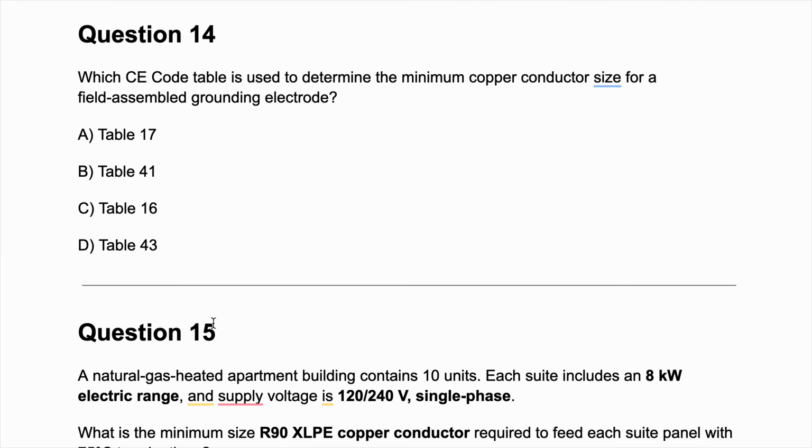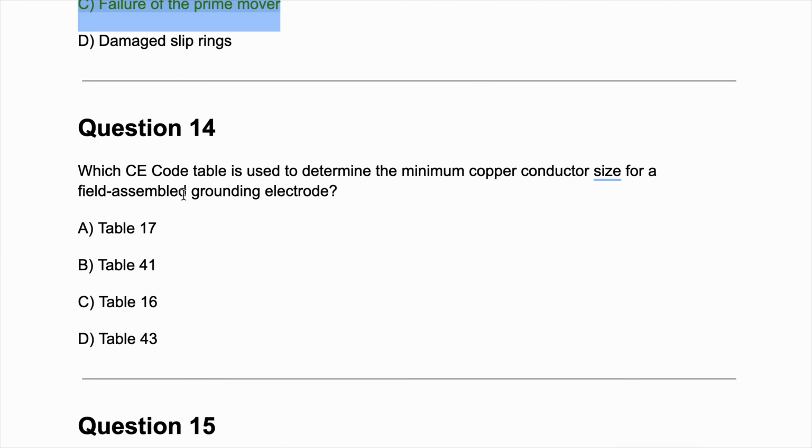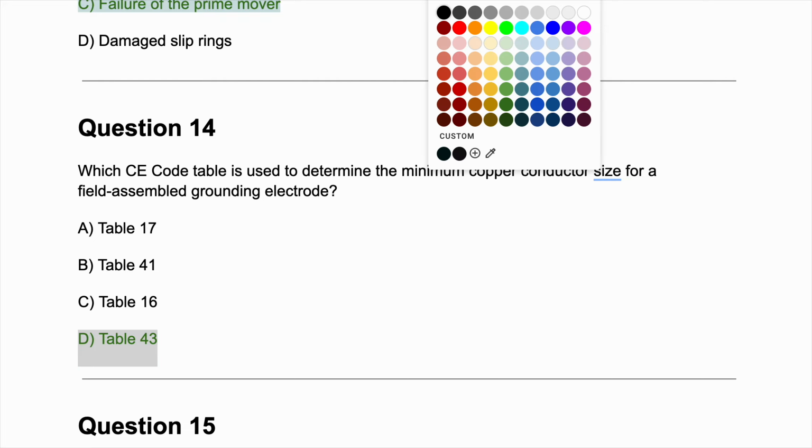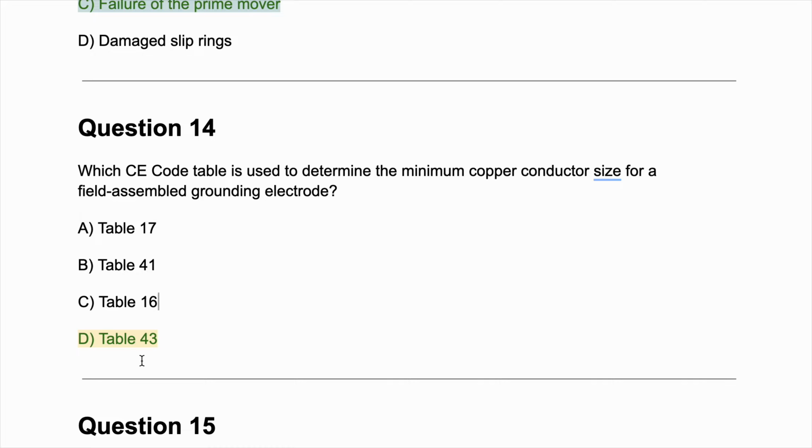And we need to go to the next one. The VCE code table is used to determine the minimum copper conductor size for a field assembled grounding electrode. Which table? I know it's Table 43. You need to know it. You need to memorize. If you want to pass the exam, you need to memorize all of the tables and all of the sections.